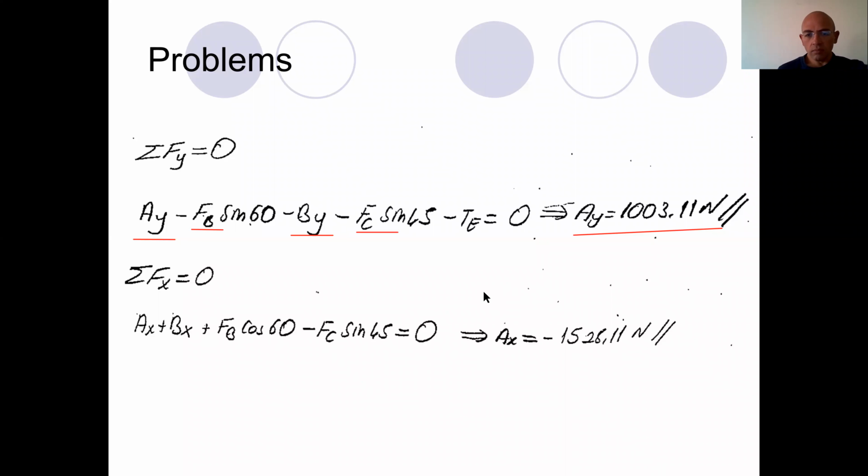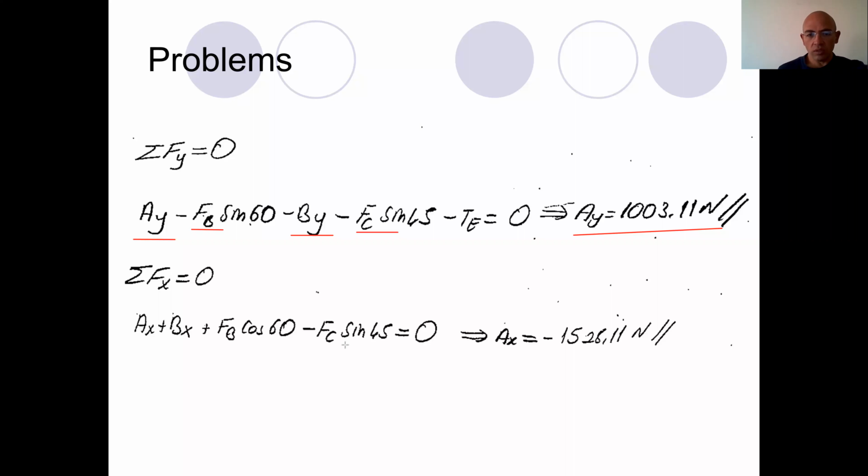Next, sum of the forces in X direction has to be equal to 0. So AX plus BX plus FB multiplied by cosine 60 minus FC sine 45, or cosine 45, doesn't matter. So let's correct it, that's better.